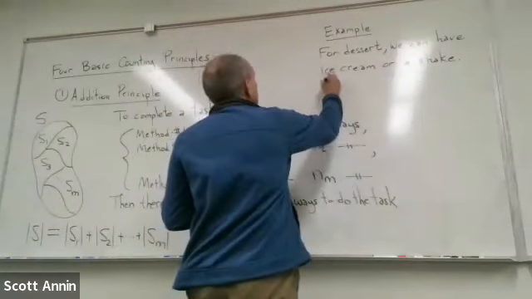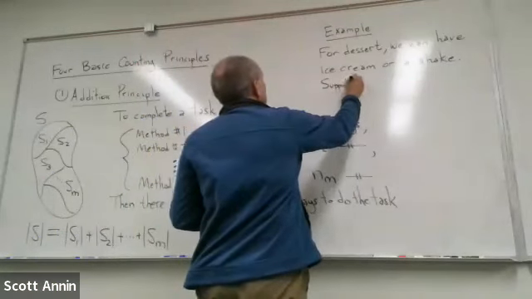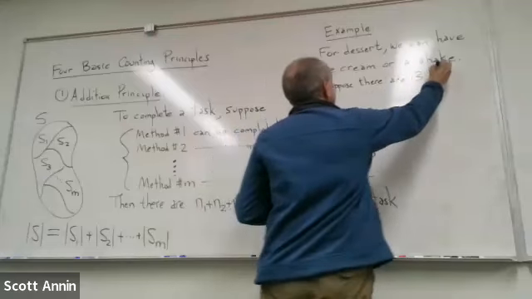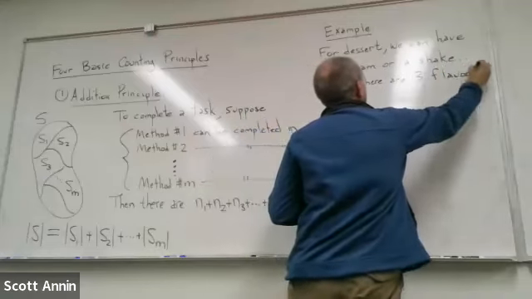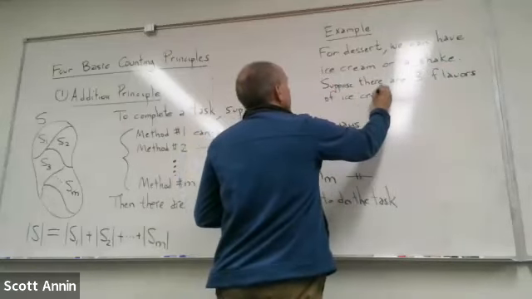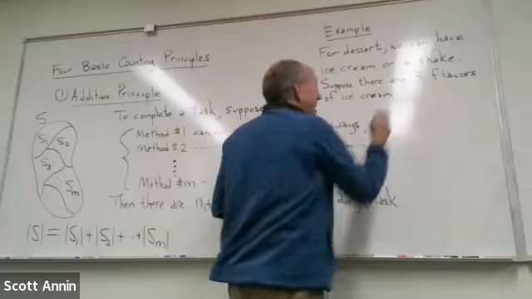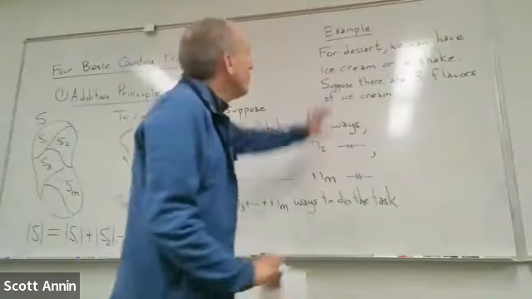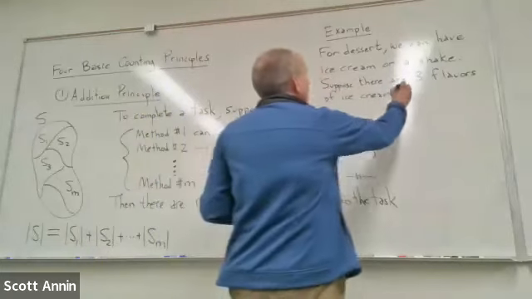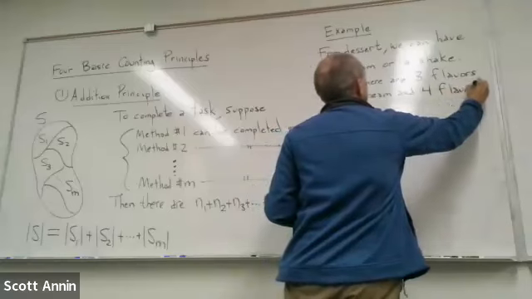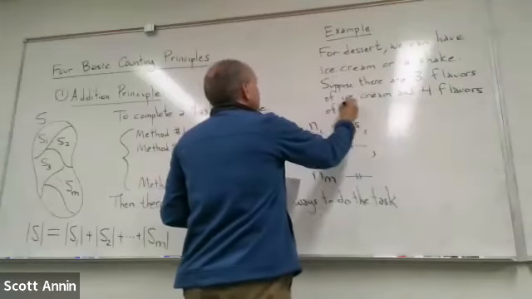And let's suppose there are 3 flavors of ice cream. So if you need to, you can imagine what flavors you might think of: vanilla, chocolate, strawberry, something like that. 3 flavors of ice cream and 4 flavors of shakes.